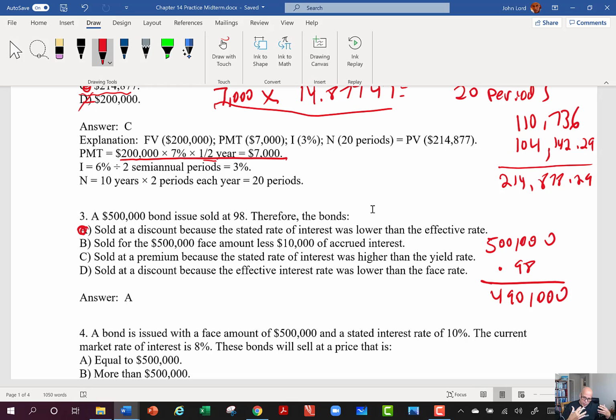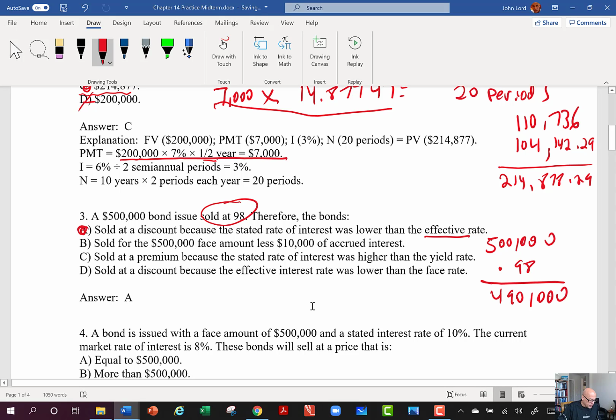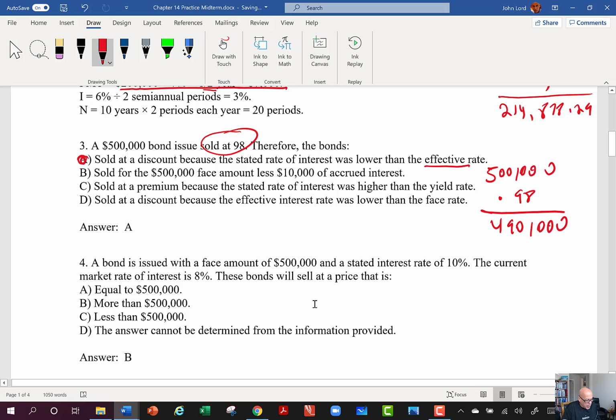They could be trying to articulate to you that the contract rate that's going to stay on that bond forever was lower than an effective rate, which is another way of saying market rate, effective rate, yield rate. Okay, those all would indicate to you the market rate. Sold at a discount. Okay, and you know that it's sold at a discount because they gave you that 98 number. Okay, all right, good.